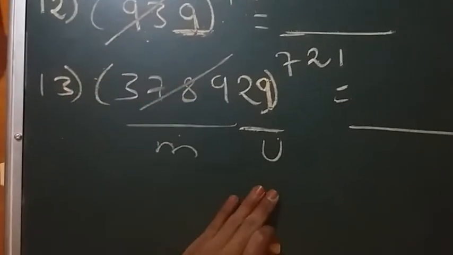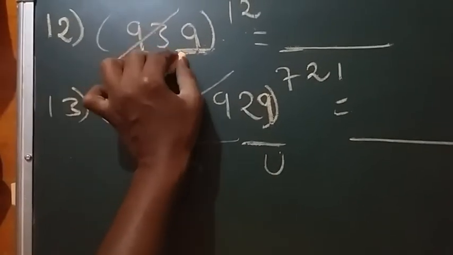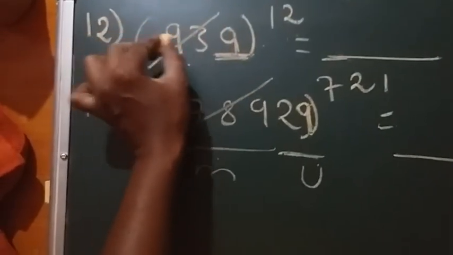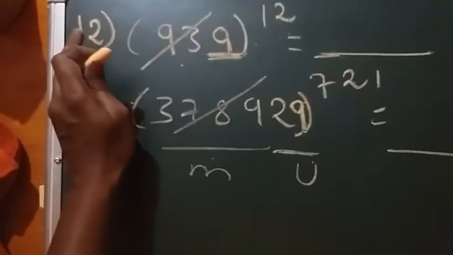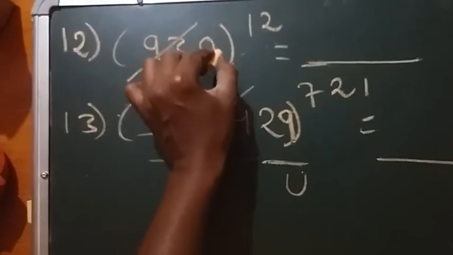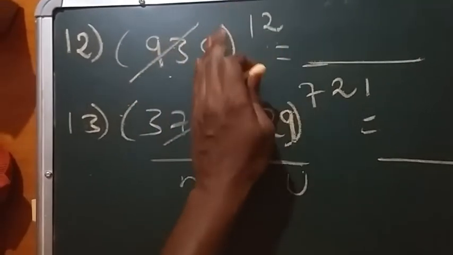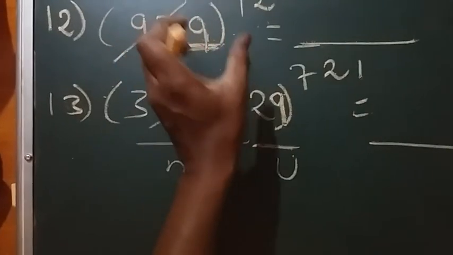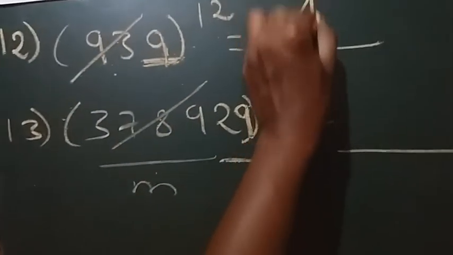See the last two examples with 9. 939 whole power 12. Here units place u is 9 and m is 93. Forget about m. Here u is 9 and power is 12. Whenever you have u is 9 and power is even, you will get the answer for the given question is 1.